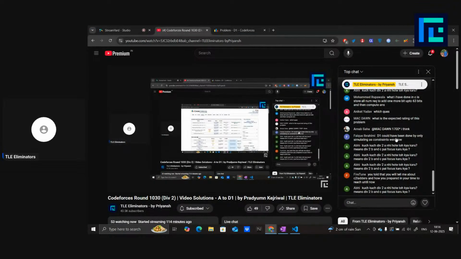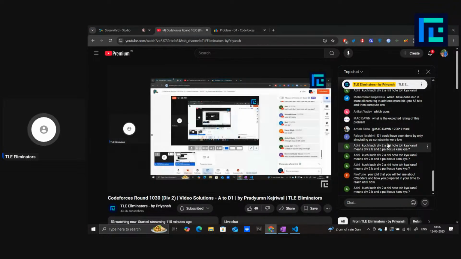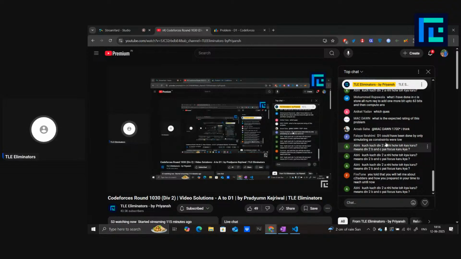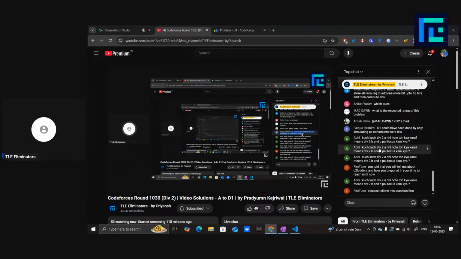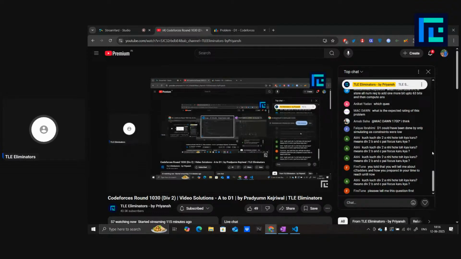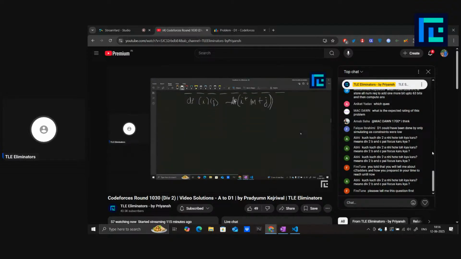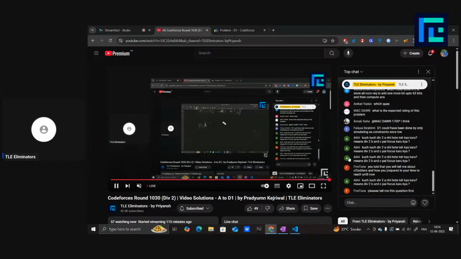Someone is asking what to do if they cannot solve A in Div 2. If you can solve B and C of Div 2 but are not able to solve A, that means you have the skill, but it's just that on that day the Div 2 was a bit tough, or the problem didn't strike you, but the problem is not that hard.